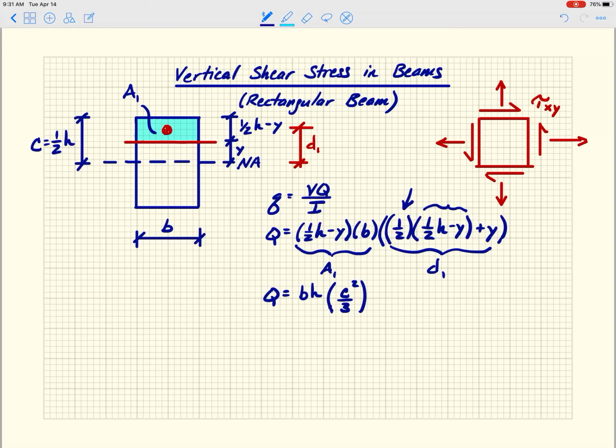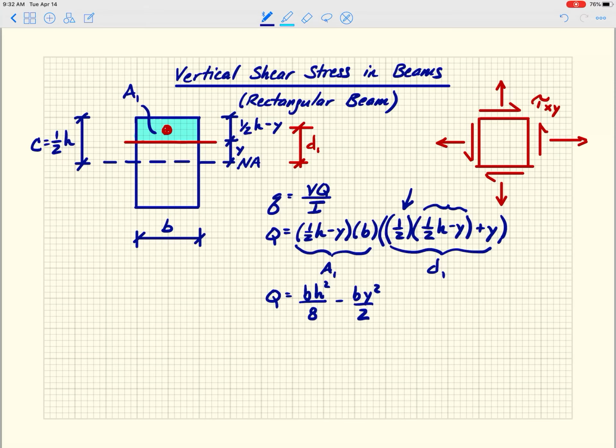So, oh, wait, hold on. Sorry about that. Let me redo this. That actually is I. I was wondering why it wasn't a function of y. I was just looking at the wrong line in the notes. So this will be BH squared divided by 8 minus BY squared divided by 2.